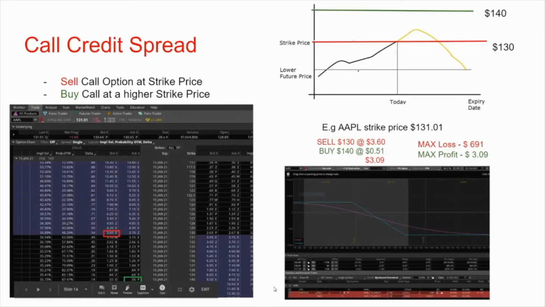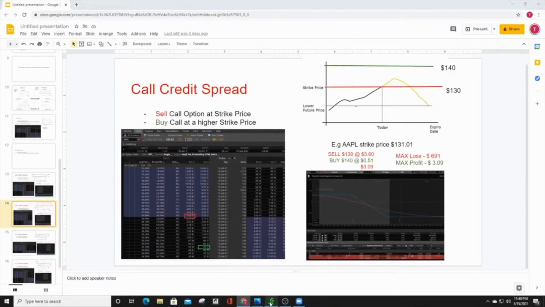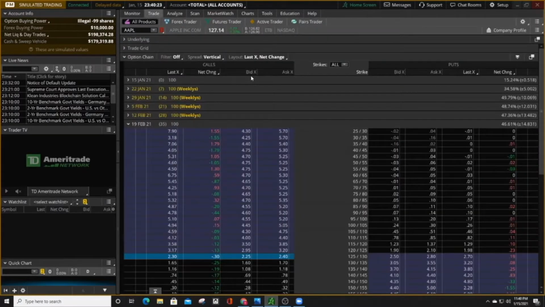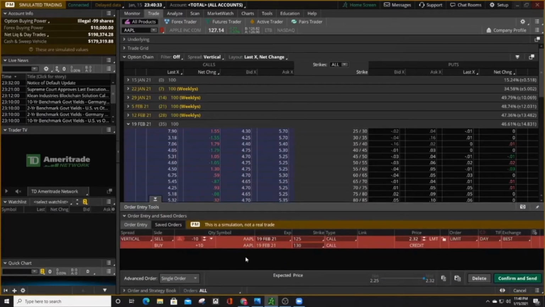So let's go to Thinkorswim so I can illustrate this. In Thinkorswim, we are selling a spread, a call vertical. So we go on the bid side and we sell. We are selling at 125 and then selling deeper out of the money at 135, and the difference is the credit that we receive.